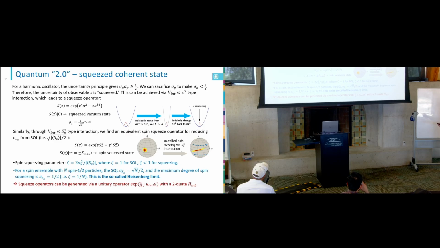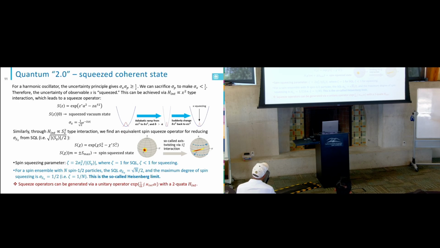I'll explain later. But for example, for the simple harmonic oscillator, to make an amplitude squeezed state, it's actually pretty straightforward. You adiabatically ramp your potential, make it narrower and narrower, right? So it kind of folds the distribution, getting closer and narrower too. And then you suddenly change it back, and that's a squeezed state. This one has smaller uncertainty in space. That's what we do by applying something like this.